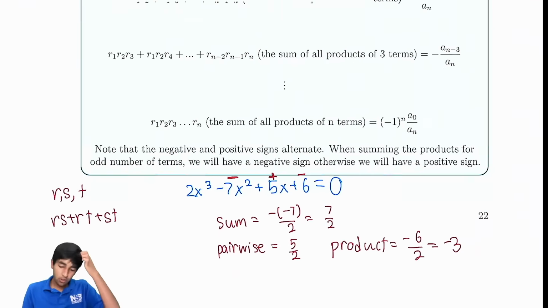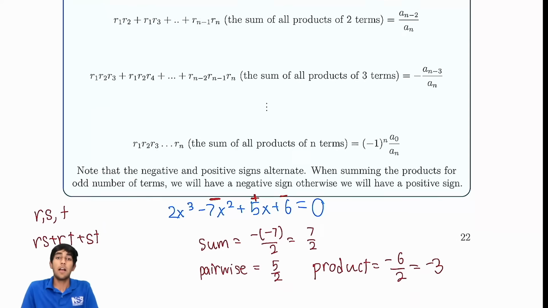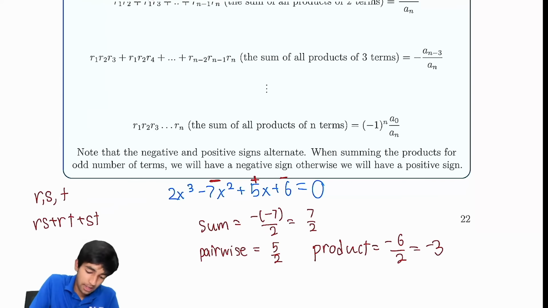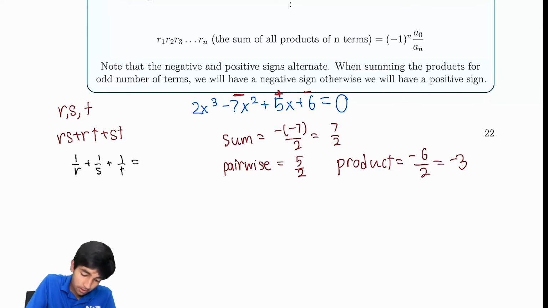So Vieta is just a formula, and they're never going to ask you in AMC to find the sum of the roots. That's too easy. They're going to give you root expressions, like for example, 1/r plus 1/s plus 1/t. In this case, it's about noticing how I can use Vieta's to find this. Notice that this is just (rs plus st plus rt) over rst.